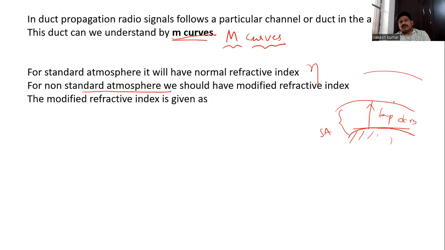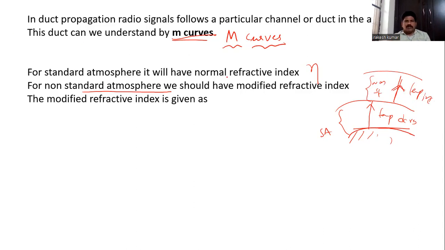Generally, as you move up, the temperature should decrease. But in non-standard atmosphere, as I move above the Earth surface, the temperature increases. Where the temperature increases with height, that is called non-standard atmosphere.